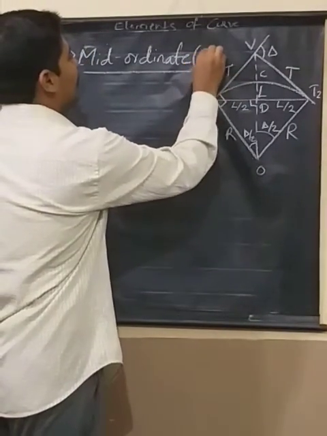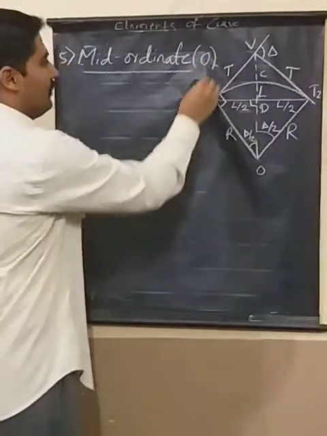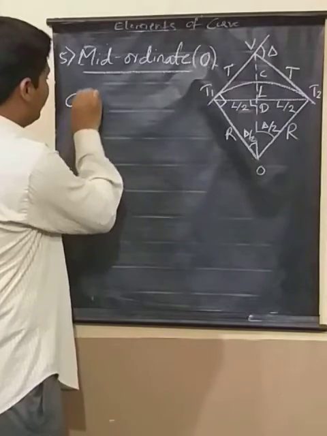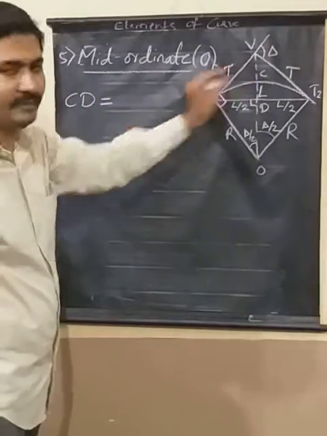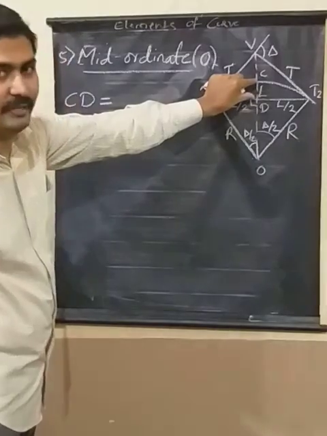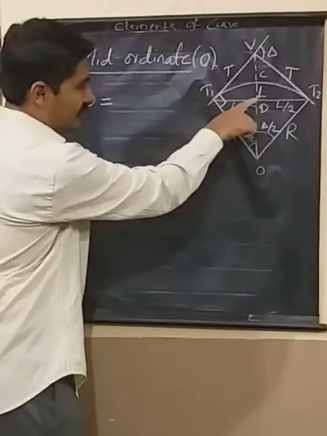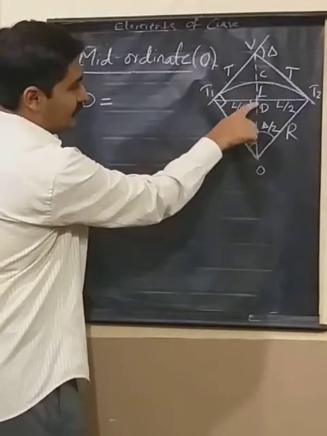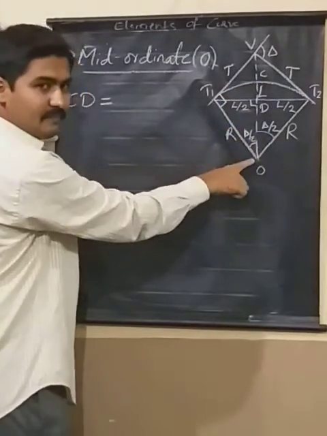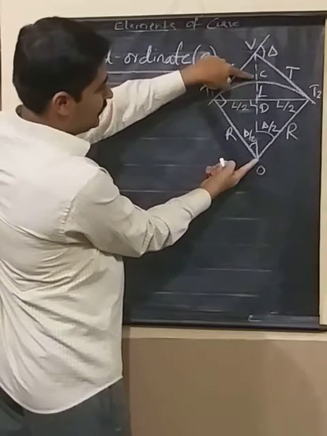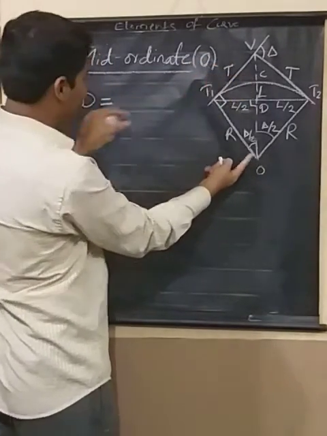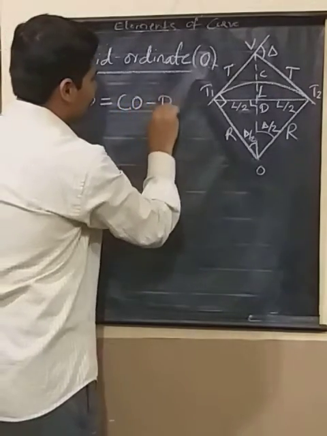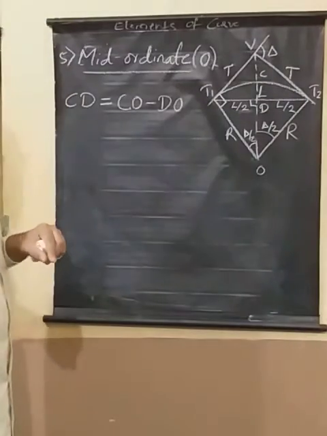You can call it as O. So mid-ordinate, that is CD. This distance is mid-ordinate. So this distance will be equal to CO minus DO, isn't it? In this total length, if you subtract this, you will get CD is equal to CO minus DO, right?